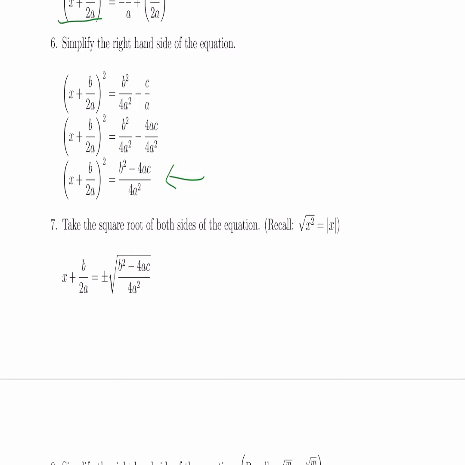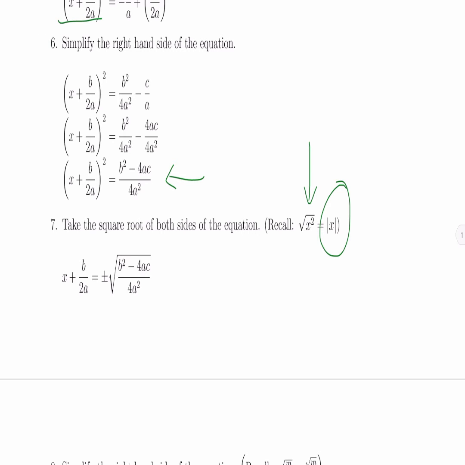Recall that although squaring and square rooting are inverse functions, when we take the square root of x squared, we don't get x back because we have a domain restriction on the square root. When I do these operations in succession, I get the absolute value of x, not just x by itself.